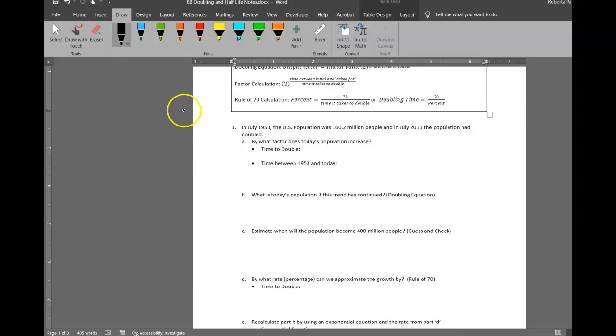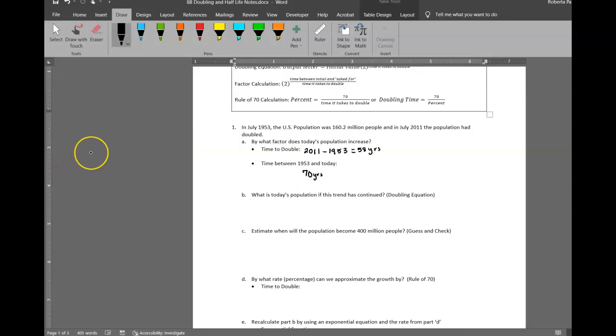So we know that it doubled in 2011, so 2011 minus 1953 is going to give us 58 years. And the time between 1953 and today, which is 2023, is 70 years.